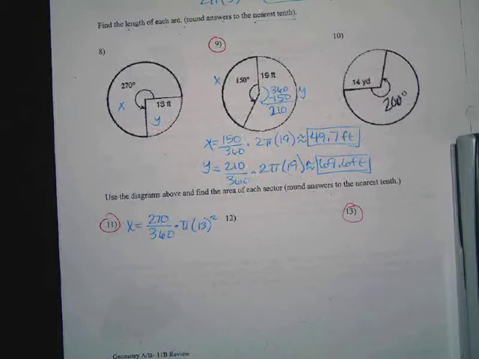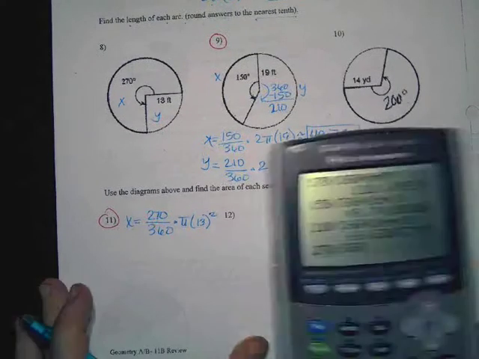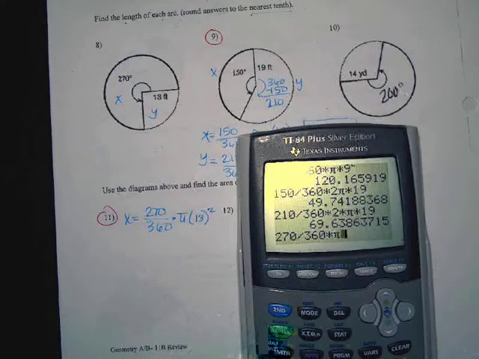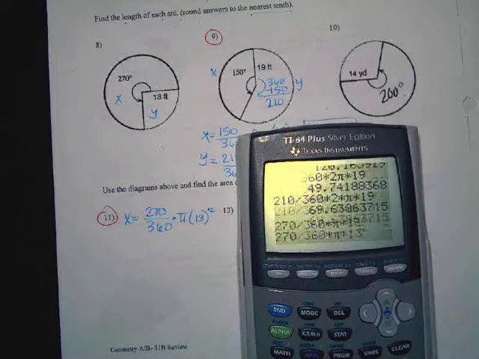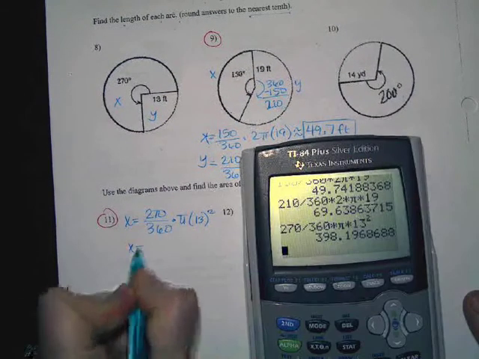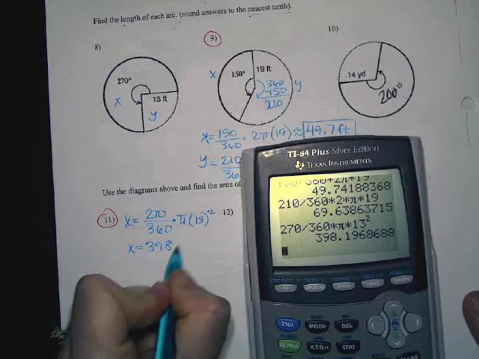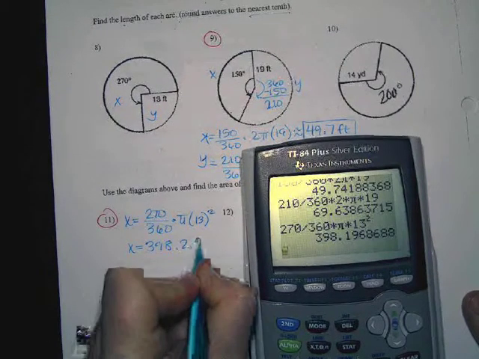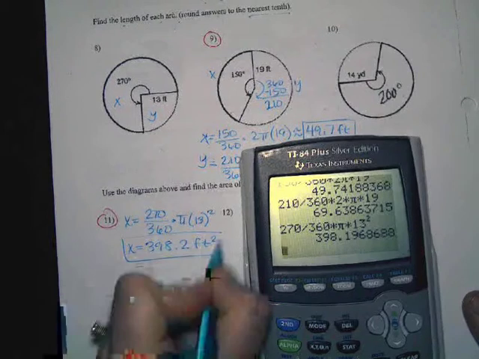Rounding answers to the nearest tenth means type in the calculator. So 270 divided by 360 times pi button times 13 squared. Rounded to the nearest tenth comes out to about 398.2 feet squared, because we have area.